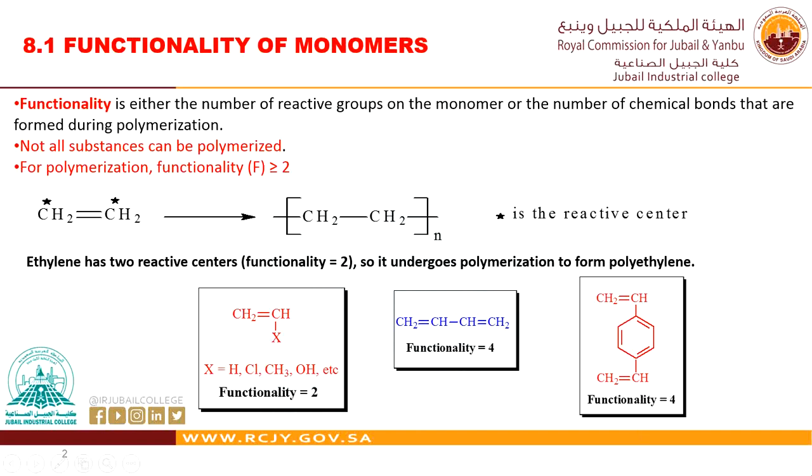Now, you remember that we talked about classification of polymers based on the polymerization reaction. It could be reaction of multiple bonds, which is in most cases a double bond, and reaction of functional groups. So for reaction of a double bond, each double bond has functionality equal to 2. One double bond means functionality equals 2. 2 double bonds means functionality equals 4. 3 double bonds means functionality is equal to 6.